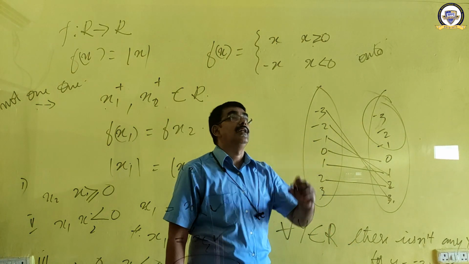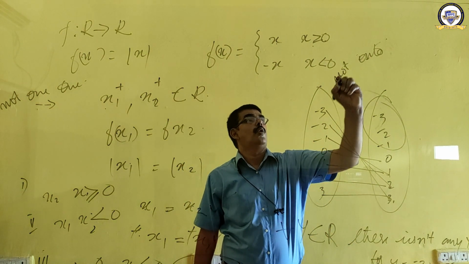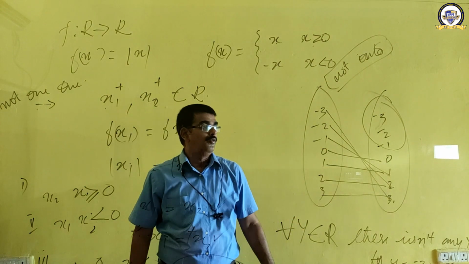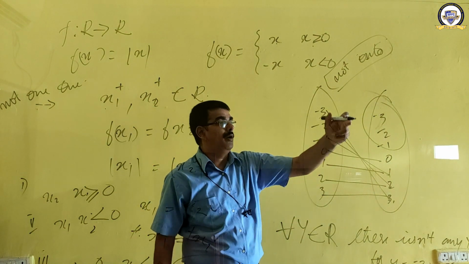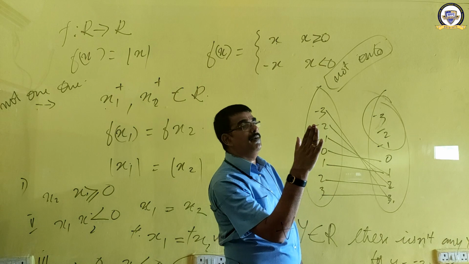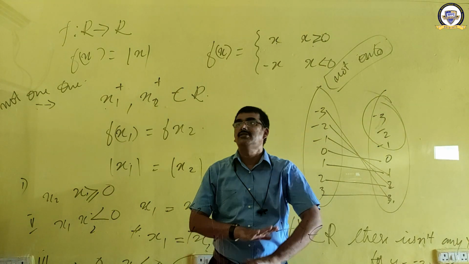Therefore, it is not onto. Are you clear? For each and every negative number, there isn't any pre-image over there at the domain. That is why it is not an onto function.